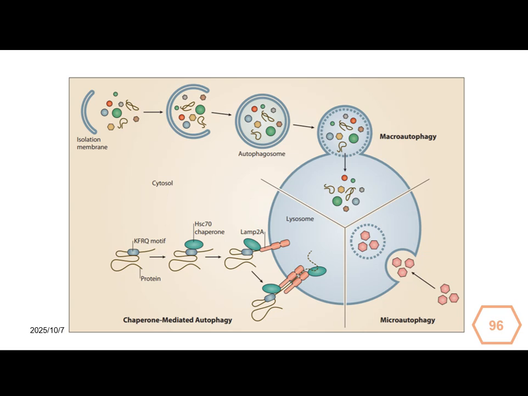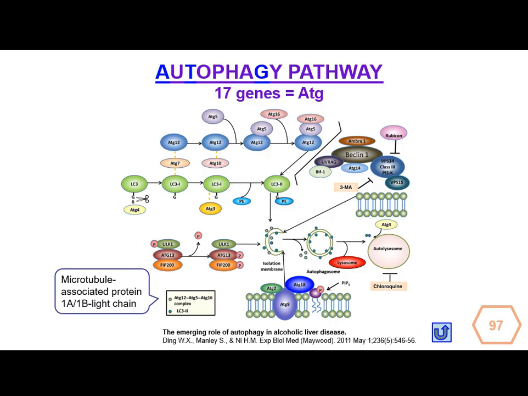Okay? This is too complicated, so I'm not going to go into detail. It's not necessary, but just so you know, there are 17 genes for initiation of the autophagosome, the engulfing of the membrane and isolating all those bad materials inside the autophagosome.